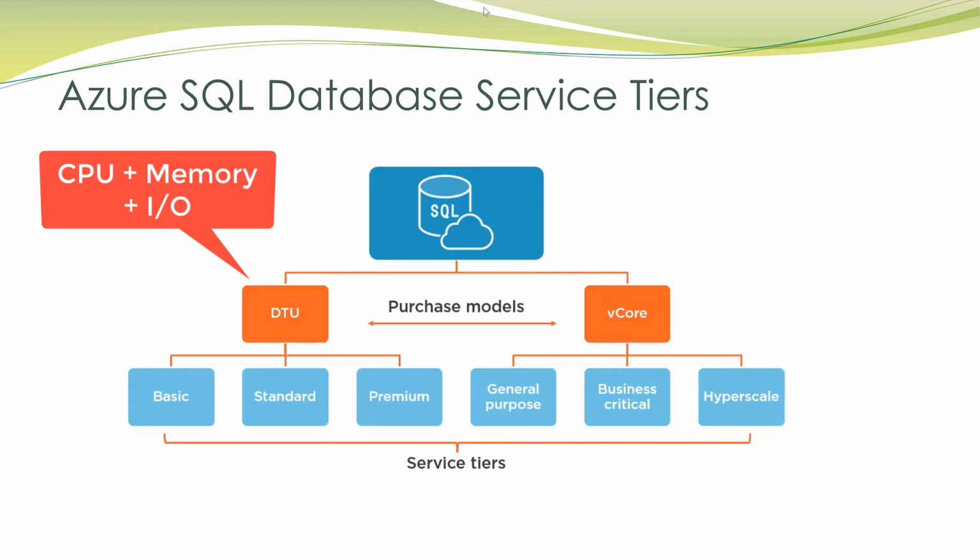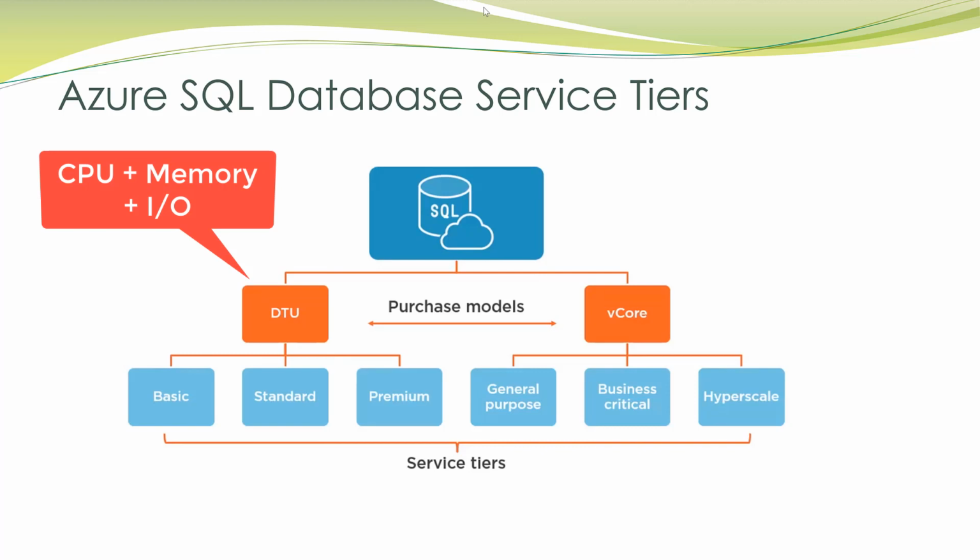100 DTU is twice as much as 50 DTU, and 200 DTU is twice as much as 100 DTU. Calculating with DTUs is relatively simple. You primarily need to compare them and evaluate what each compute size offers.